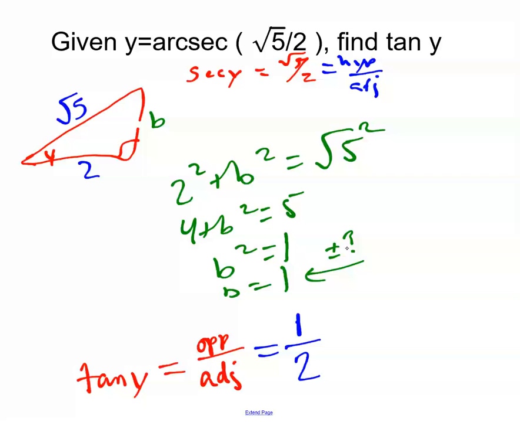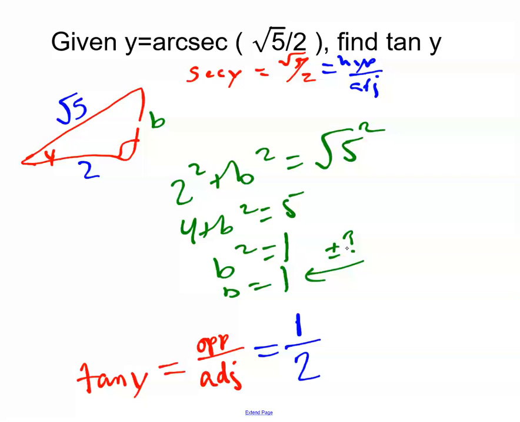This is where what I was talking about at the very beginning comes in: arcsecant is the reciprocal of arc cosine, and arc cosine can only be talking about angles in the first quadrant and the second quadrant, by definition.